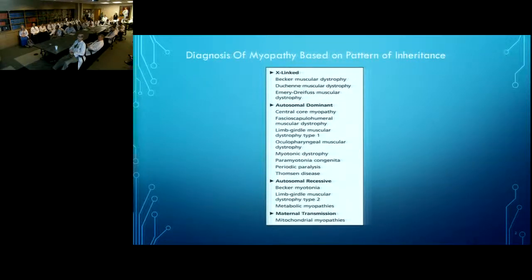Another approach is to obtain a good family history so you can determine the inheritance pattern. I know you recently listened to a talk on muscular dystrophy, so I'm not going to dwell on this too much. But a careful history will help you to determine if it's a dominantly inherited disease, recessively inherited disease, or if only the males are involved, maybe an X-linked disease.